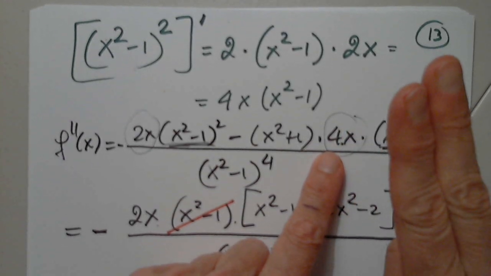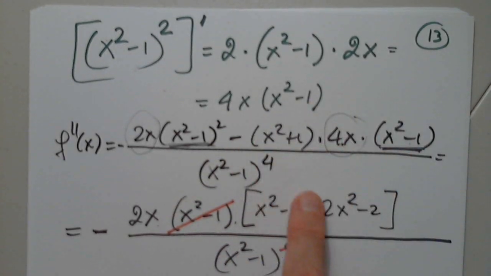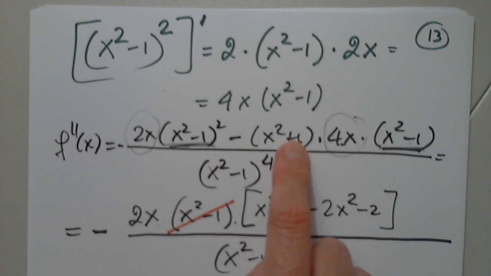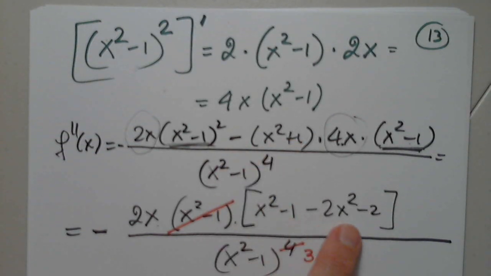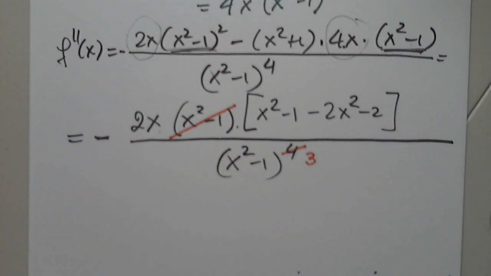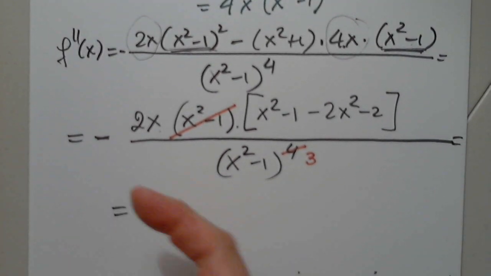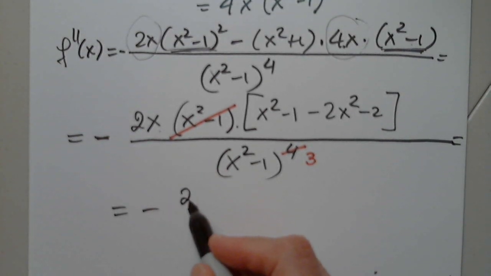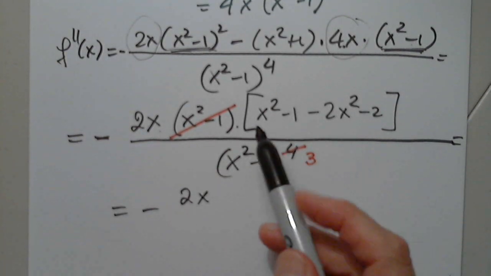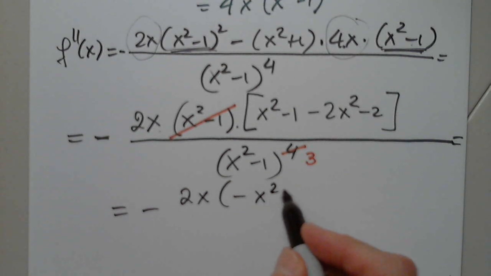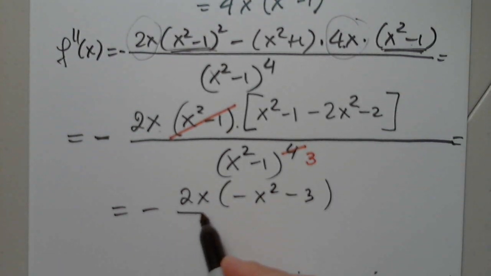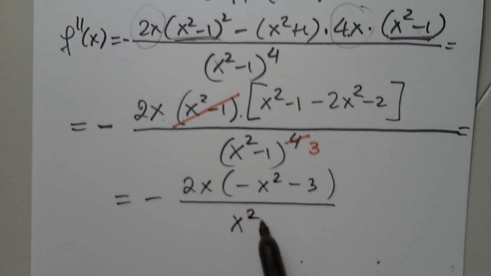So only 2 has to be distributed to x squared and 2 distributed to 1, but they are both negative because of the negative in front. I already simplified this. And the next step, negative outside, 2x outside, negative x squared minus 3, over x squared minus 1 to the third.